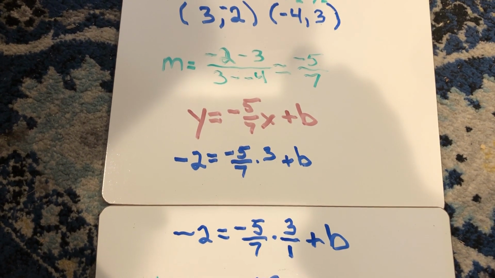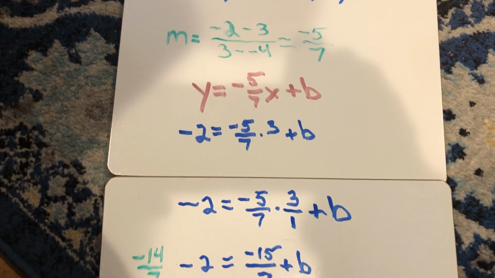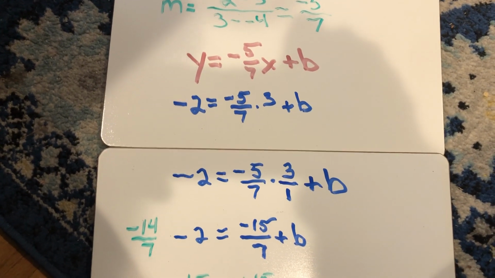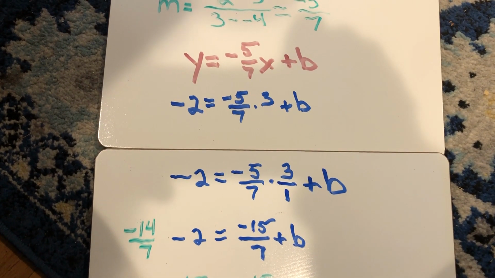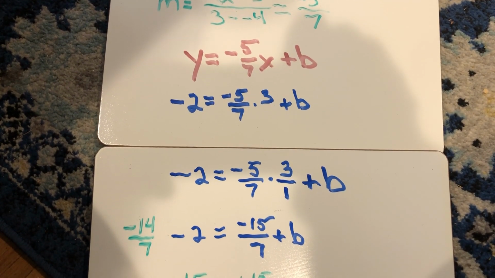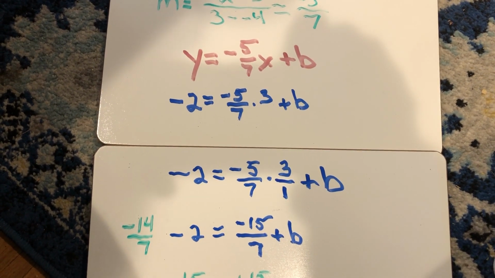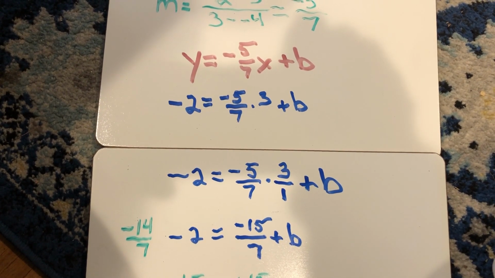Remember, we can put that over the 1 to keep our tops and bottoms, plus b. Then that gives me -2 is equal to -15 over 7 plus b. All we did there is multiply the -5 over 7 times the 3 over 1.